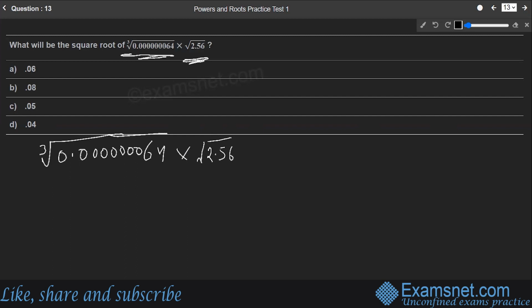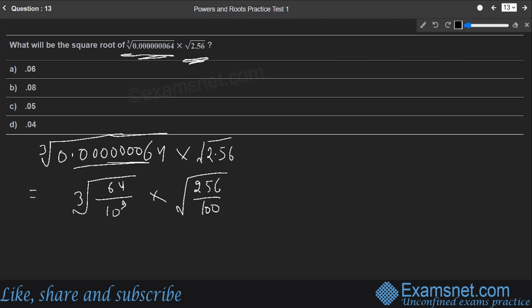Let us try to simplify this number. This whole number can be written as the cube root of 64 by 10 to the power 9. Similarly, 2.56 can be written as the square root of 256 by 100.